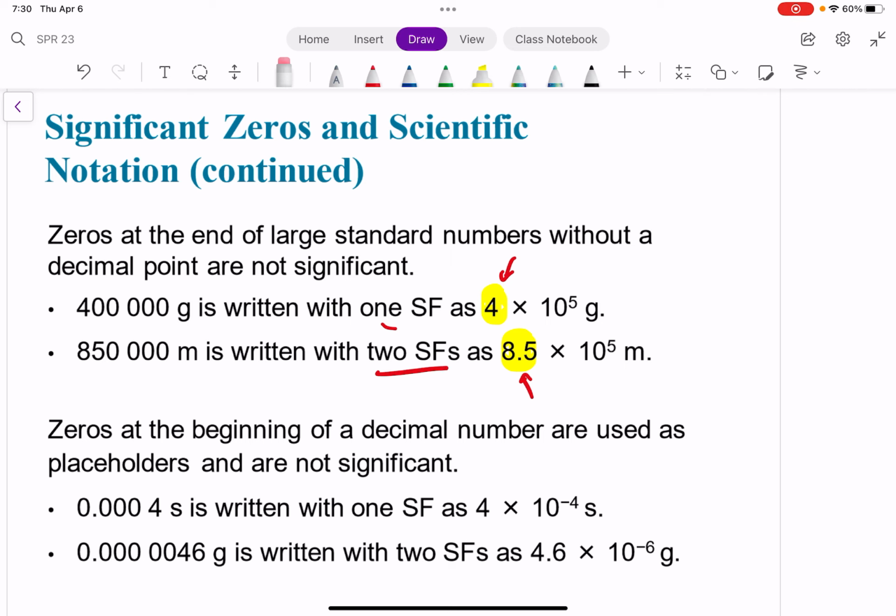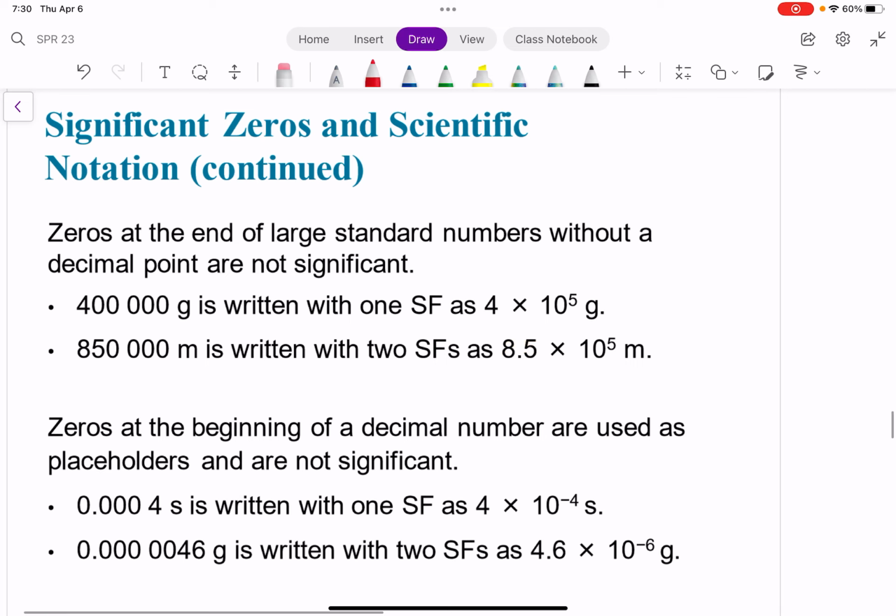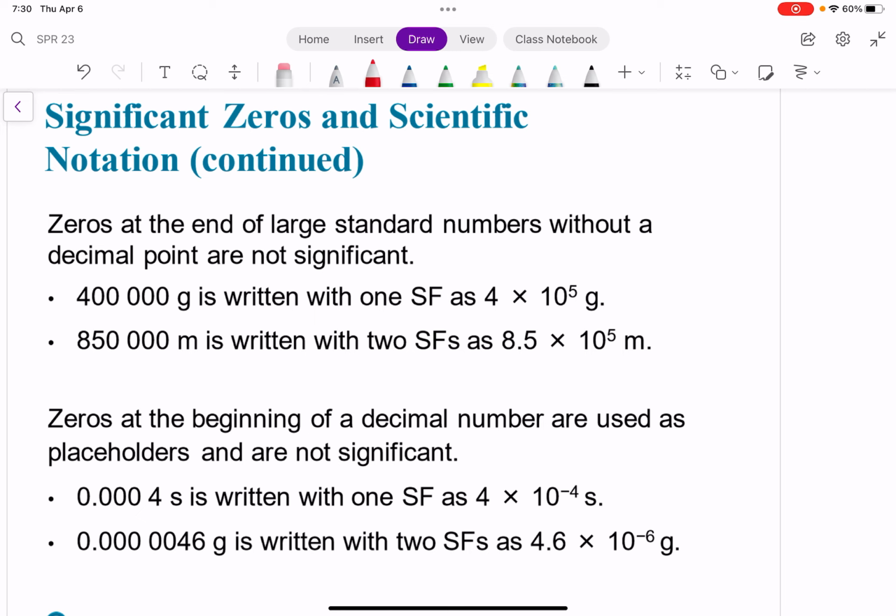So that's why sometimes it can actually be easier to report your numbers in scientific notation. But if you struggle with scientific notation, you can certainly write it out like this. That's okay, unless the question asks you specifically to write it in scientific notation. Just be careful when you write it like this, because you might be tempted to say that there's 1, 2, 3, 4, 5, 6 sig figs, and there's only one because there's no decimal point.